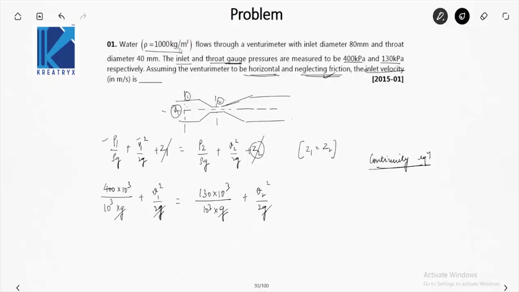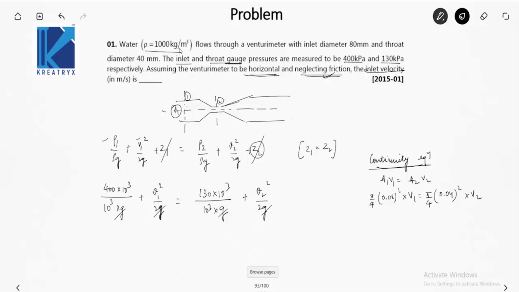So the continuity equation is A1 V1 is equal to A2 V2. What is A1? That is pi by 4 d square. The inlet diameter is 80 mm. Be careful to change it into meters. Pi by 4 d square into V1 is equal to pi by 4 d2 square, that is 40 mm, that is 0.04 meter, into V2.